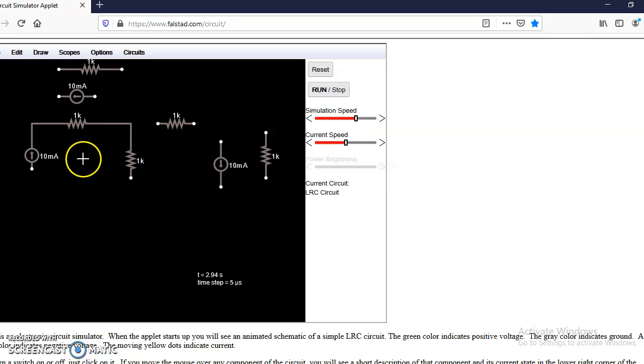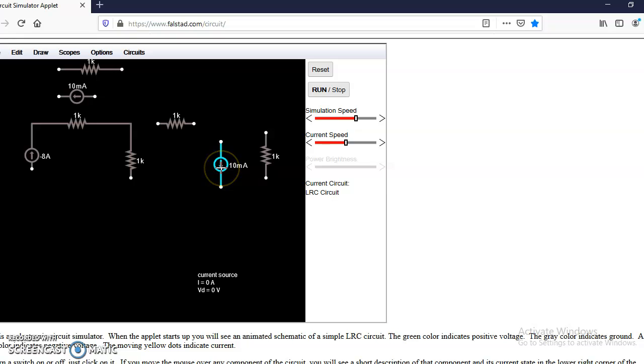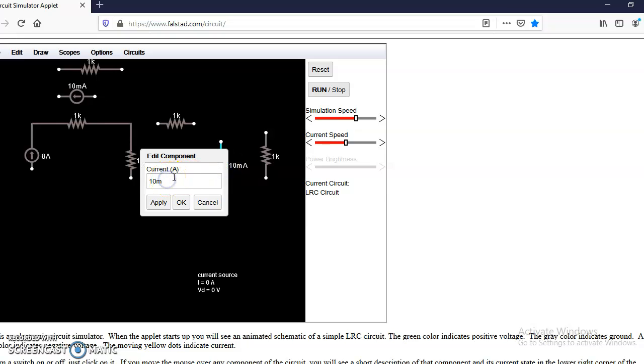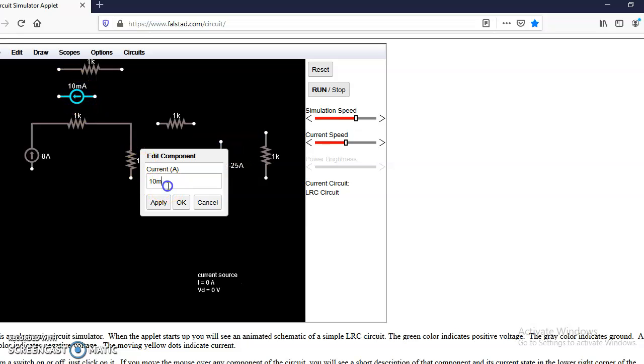Before this I have to change the values also. This is a current source of -8 ampere, apply OK. This is -25 ampere, apply OK. And this one is -3 ampere, as it is inbuilt.